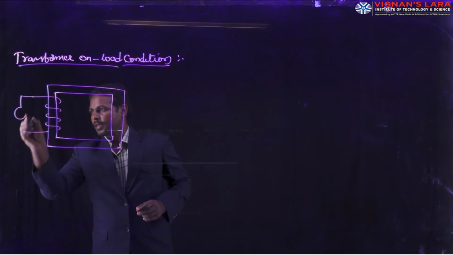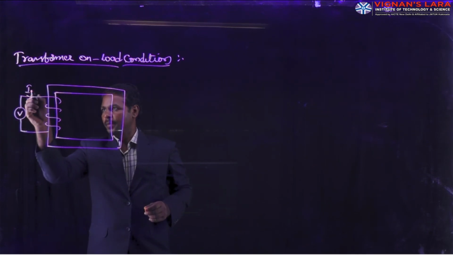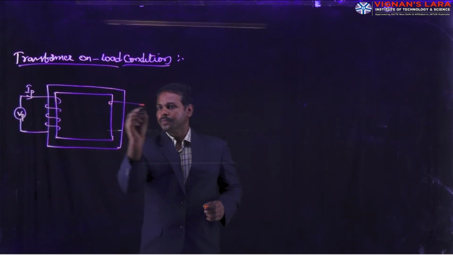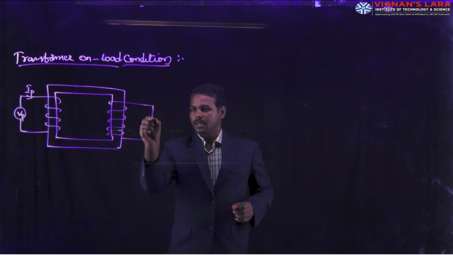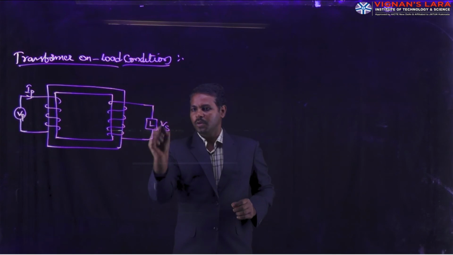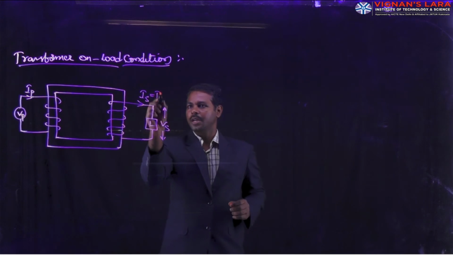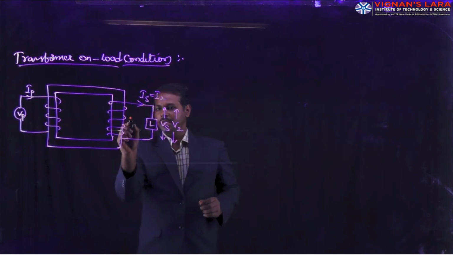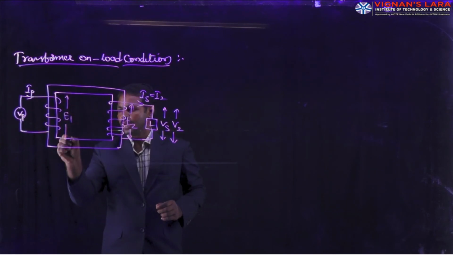The transformer input supply is connected to the primary voltage, with the corresponding primary current. The secondary terminals are connected to the load, where the voltage across the load is V2 and the current is I2. The voltage across the secondary winding is E2 and across the primary is E1.